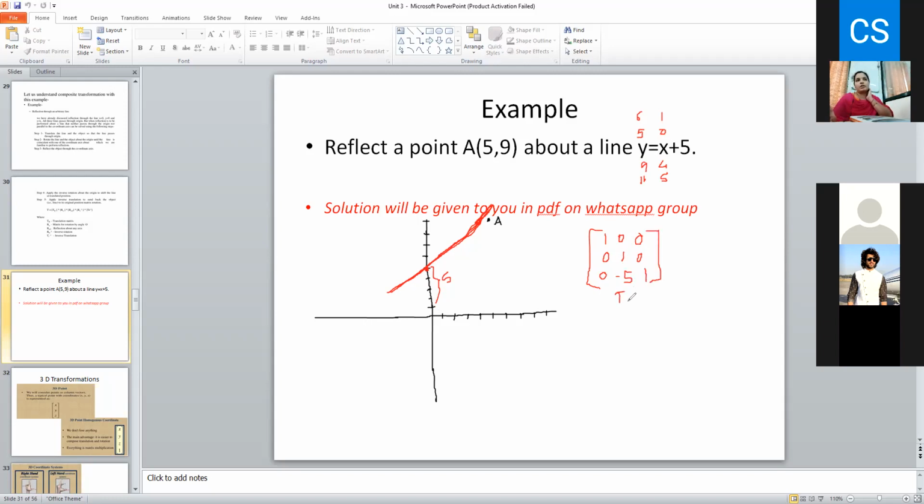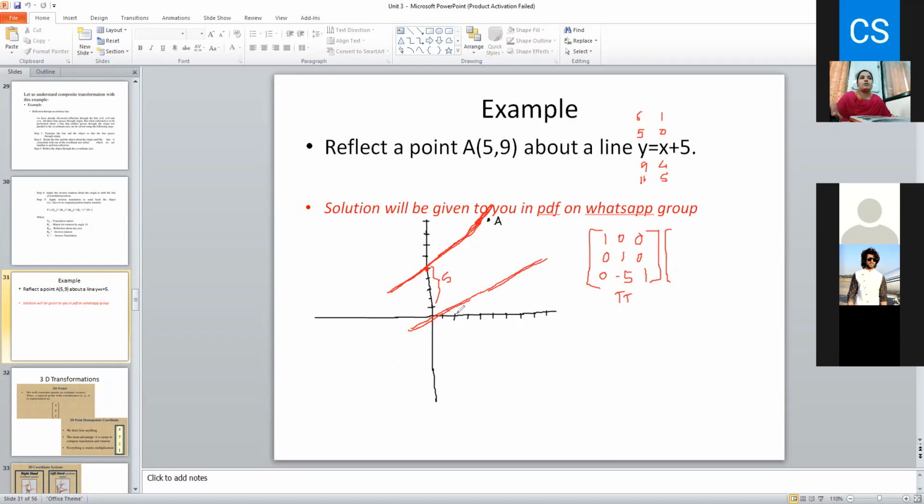The first step is T translation. With this translation, the line will now pass through the origin. I have moved that line 5 units down.